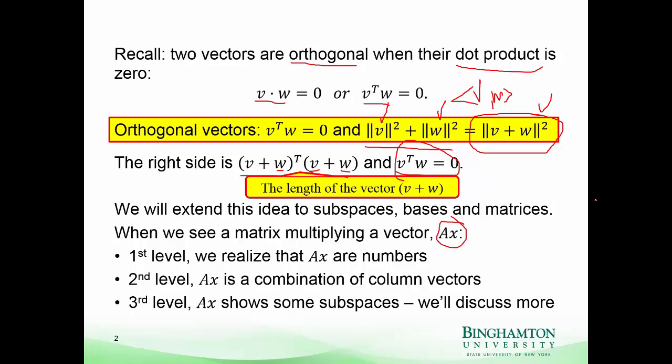And then the third level, and we've been starting to talk about the subspaces that arise from thinking about this AX operation. So we've got the column space, the row space, the null space and the left null space. We've been talking about those subspaces, and we would now like to think about those subspaces in the context of orthogonality.